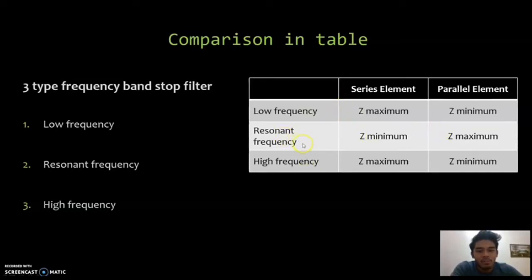For resonant frequency, in series element Z minimum, parallel element Z maximum. In high frequency, Z maximum in series, in parallel element Z minimum. You just keep in mind it will be opposite. If series element is maximum, in parallel it will be opposite, minimum.